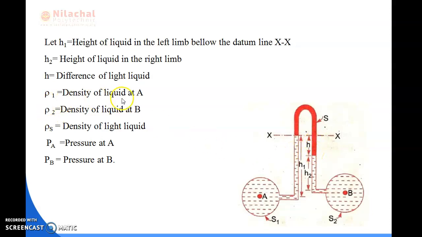And rho 1 is the density of the liquid at A, rho 2 is the density of the liquid at B, and rho S is the density of the light liquid. And all of you know, here is the pressure PA and here is the pressure PB.